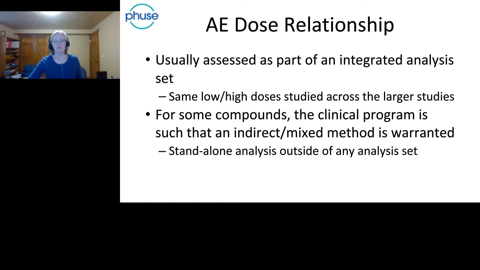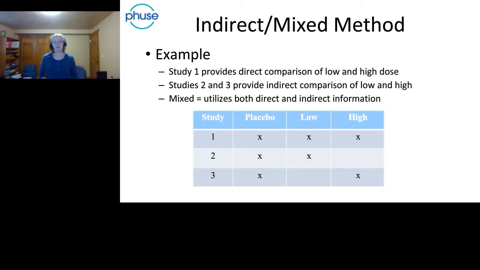So what does indirect mixed method mean? Here's an example where study 1 has placebo, low dose, and high dose. Study 2 has placebo and low dose. Study 3 has placebo and high dose, right? So study 1 has a direct comparison of low and high dose. Studies 2 and 3 can provide an indirect comparison between low and high dose.